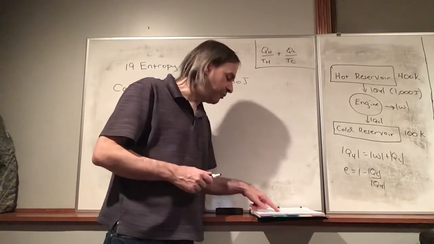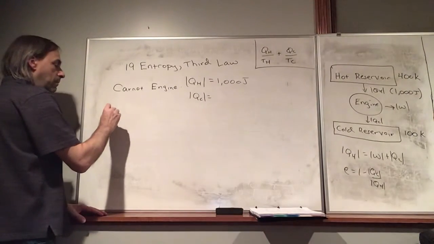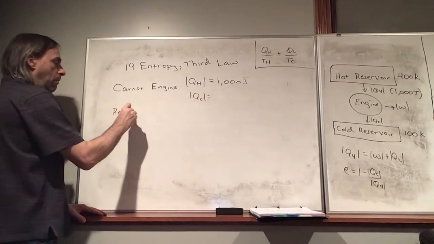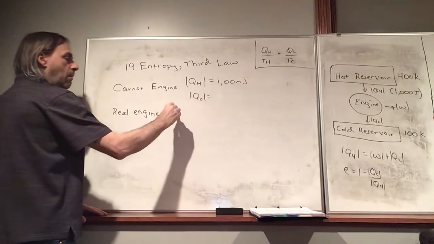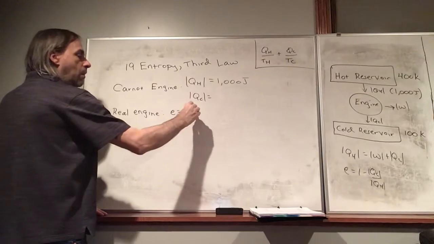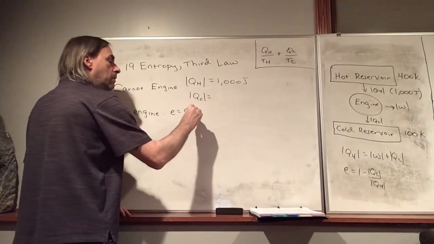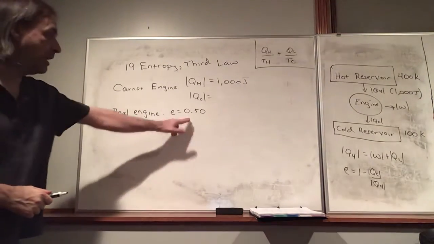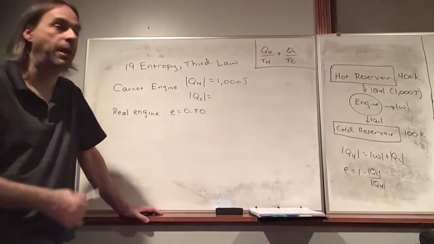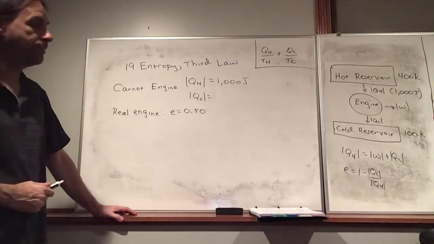Let's say we have an engine with an efficiency of 50%. So again, the Carnot engine at these temperatures has an efficiency of 75%. So an engine with an efficiency of 50% is definitely a very possible thing that we could build.